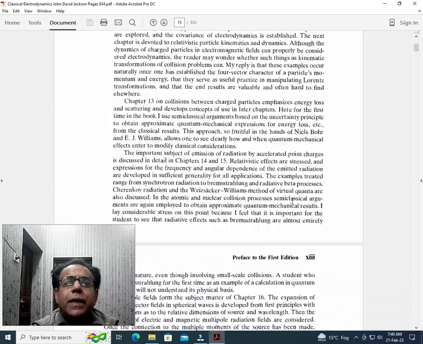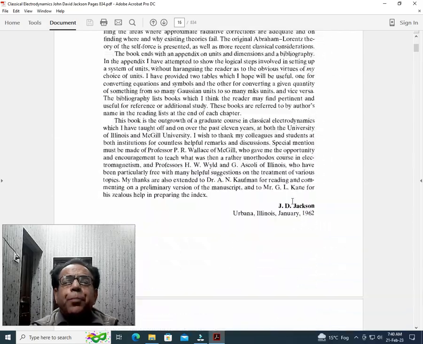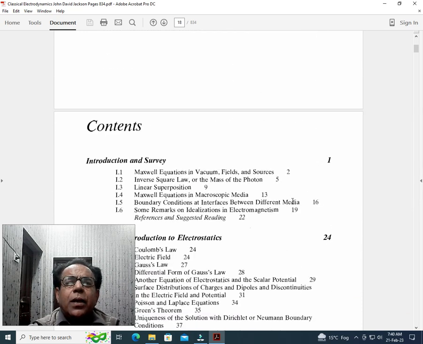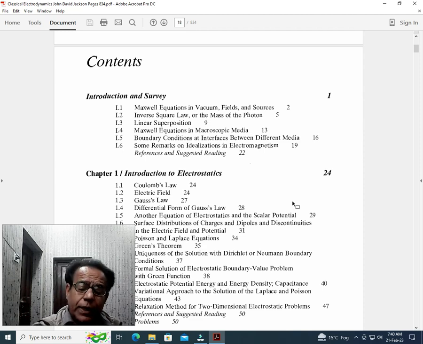From 1962 to 1999 there are only 3 editions. So I think this book spans about 37 years during 3 editions.